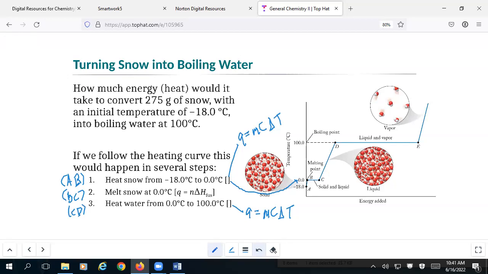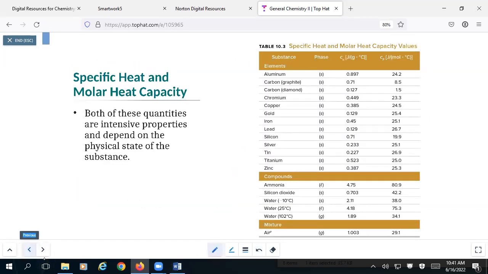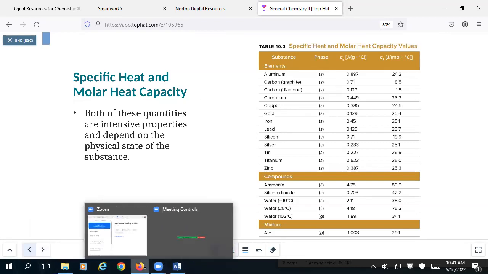So just as a point of reference, let's go ahead and just do this first calculation, just so that we can be familiar with it. So this was 275 grams of snow. The specific heat for water in the solid phase is 2.11 joules per gram degree Celsius.